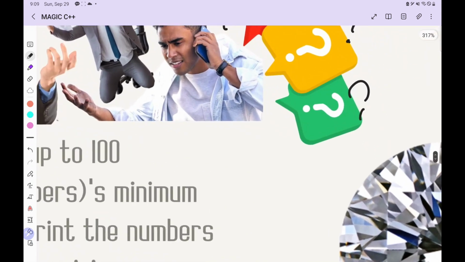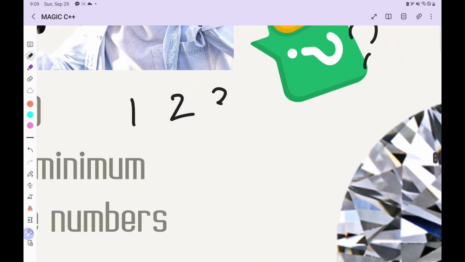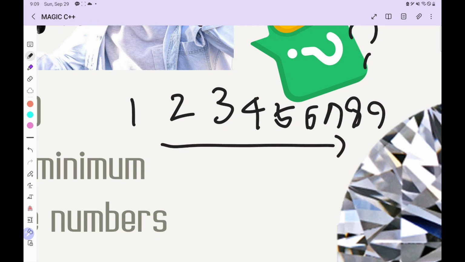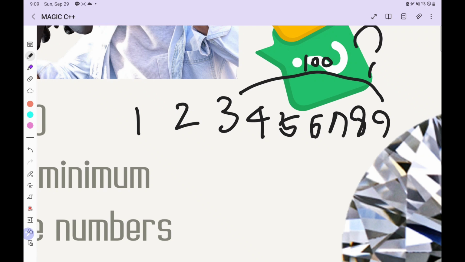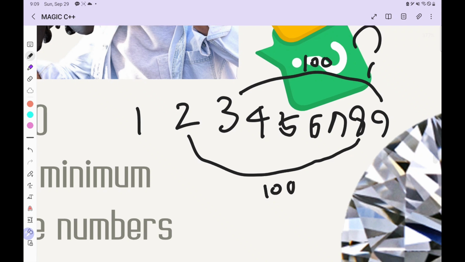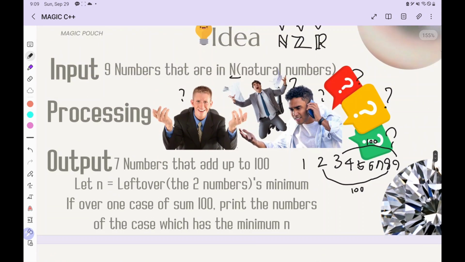So let's say we have numbers 1, 2, 3, 4, 5, 6, 7, 8, 9 in ascending order, and maybe let's just say 3, 4, 5, 6, 7, 8, 9 makes a sum of 100, and 2, 3, 4, 5, 6, 7, 8 gives us a sum of 100. This doesn't make sense, but well, let's say like this.